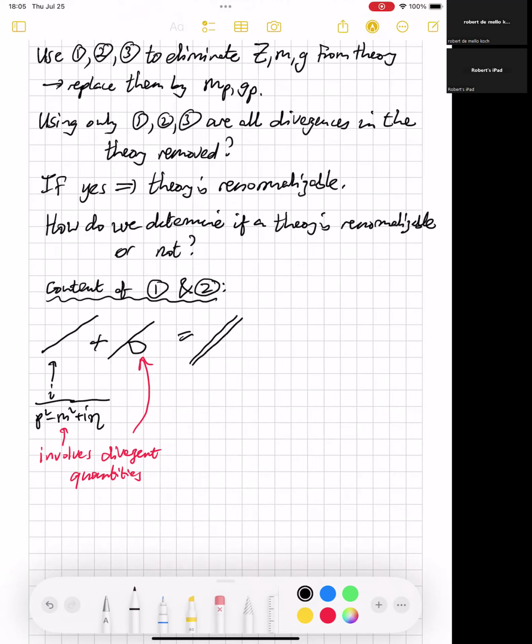What's the content of these conditions 1 and 2? Well, when you've added these two, the content is that this sum is equal to i over p squared minus the physical mass squared plus i eta. Okay, and now everything is well defined and finite. So that is remarkable.